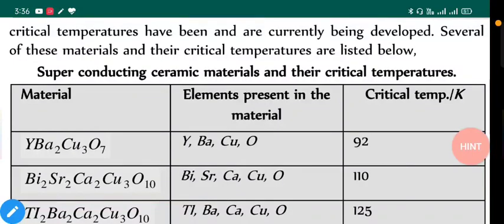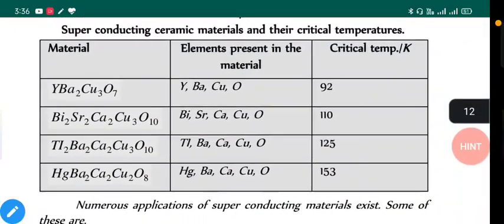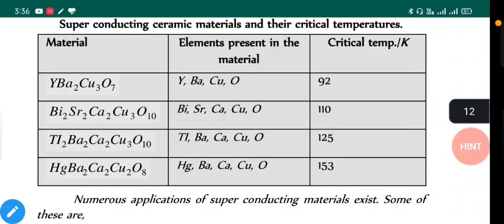Several of these materials and their critical temperatures are listed below. In this table, we can see some materials, the elements used in them, and critical temperatures in Kelvin. The first material has a critical temperature of 92 Kelvin and the last has 153. So the first material acts as a superconductor only at a much lower temperature than the last material.